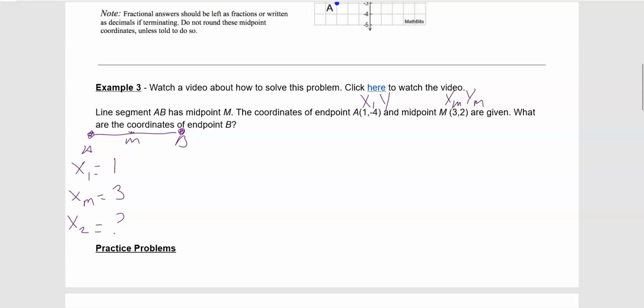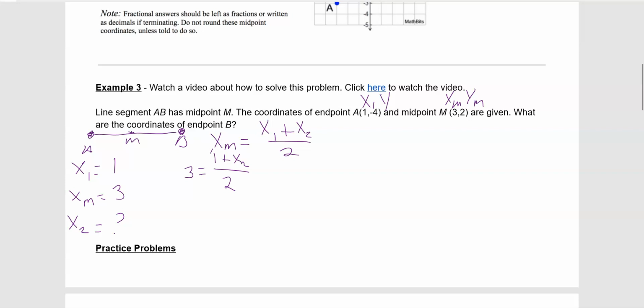That's our unknown. So our formula was x of the midpoint is equal to x1 plus x2 over 2. And so let's go ahead and put in our known values. So x of the midpoint is 3, and that's equal to 1 plus our unknown x2, over 2.